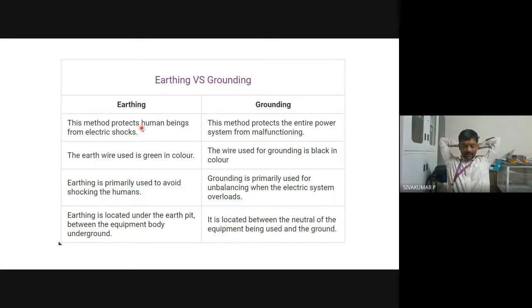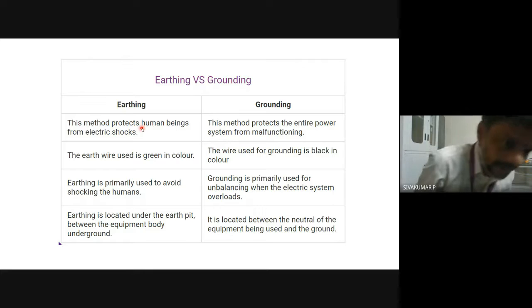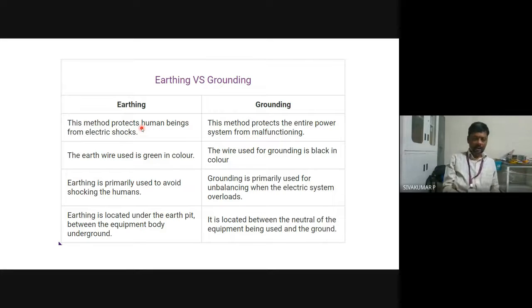Yes, sir. Okay. The earth wire is used in green color. Normally the earth wire is used in green color, already you are well known. The grounded wire of the transformer is used in black color. This is a normal thing.